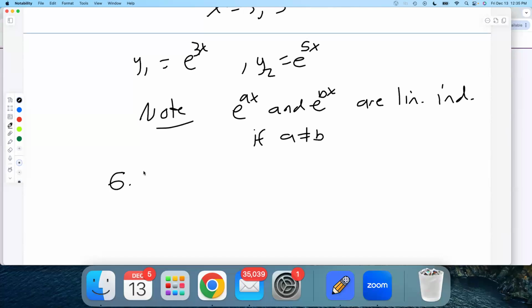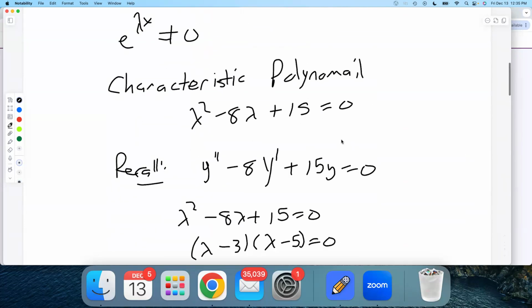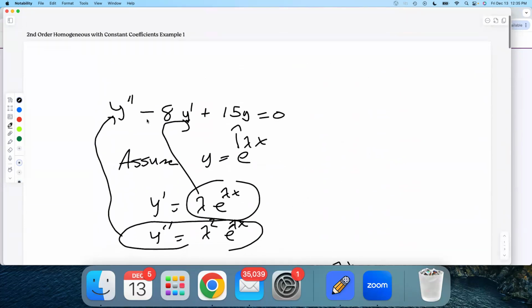So then my general solution is y equals C1 times the first guy, and order doesn't matter here. I could have put these in the other order. C2 e to the second guy. That is the general solution to this second order homogeneous with constant coefficients differential equation. That's a good place to stop.